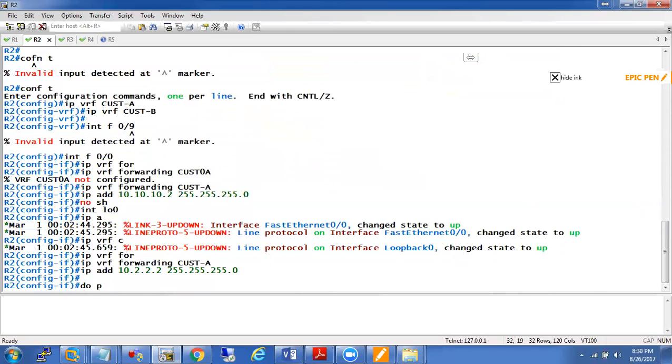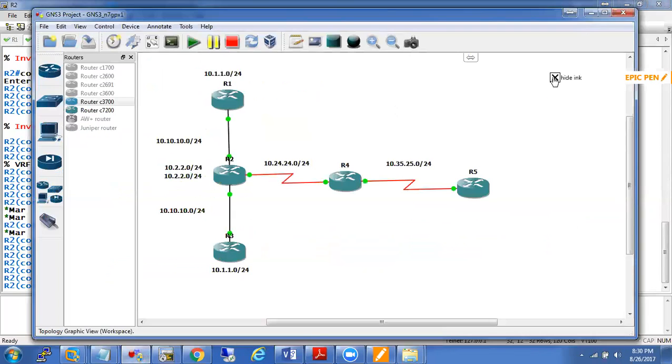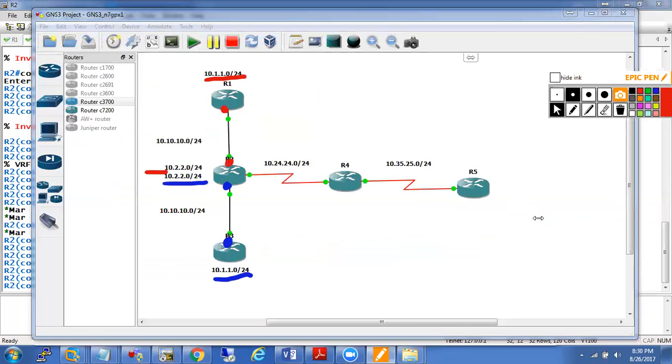So if I do a ping, oh, I need to create a route over here. R2 needs to ping R1. Right? R2 needs to ping R1. The 10.1.1 network. Can it?